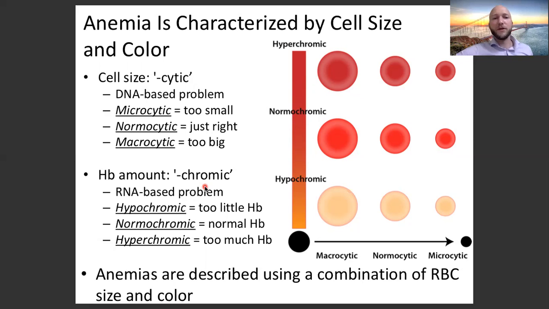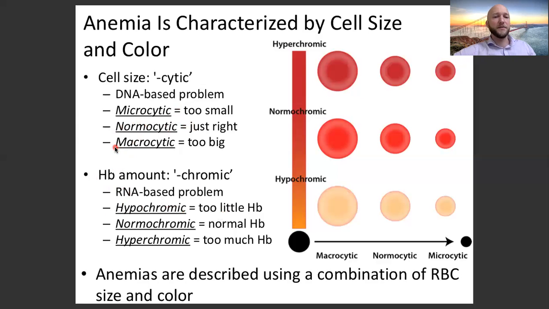They look at the red blood cells, and in the report back to the doctor, they'll say, oh, you have macrocytic or microcytic or normocytic red blood cells. And they'll usually use both of these terms. They'll say on the report, you have microcytic normochromic red blood cells.